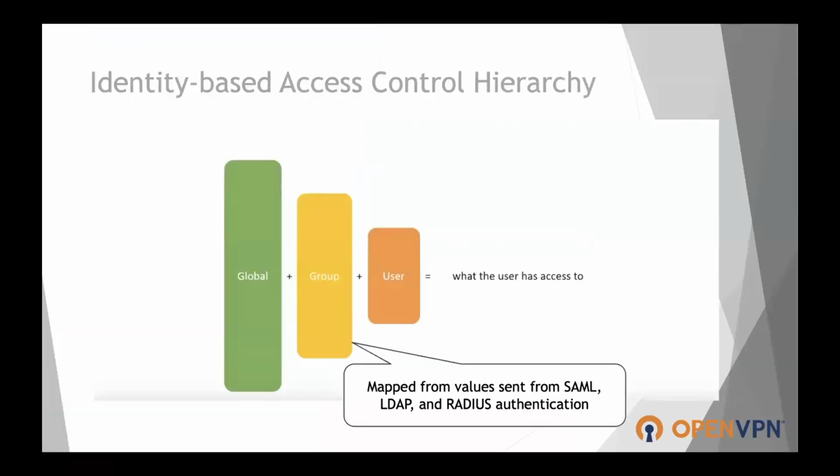Digging into the type of access control that's allowed, we have 3 tiers of access controls. You can set ACLs at the global level. So you would typically just give permissions to something that everyone needs, for example, your private DNS server or something like that.